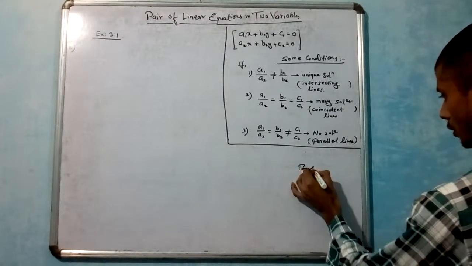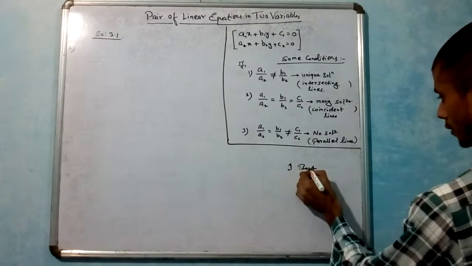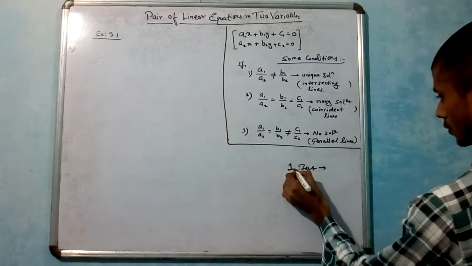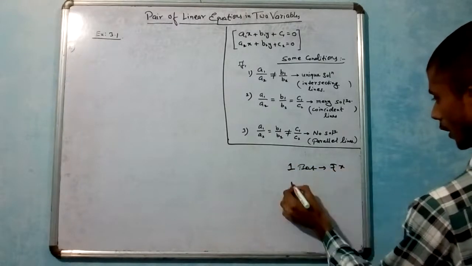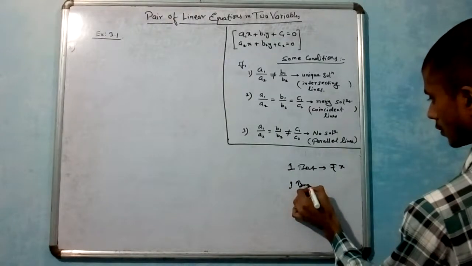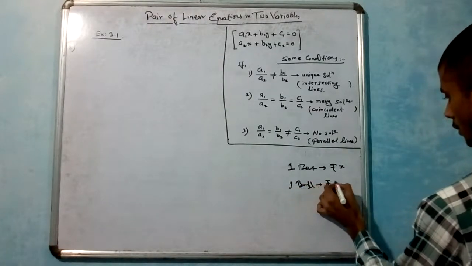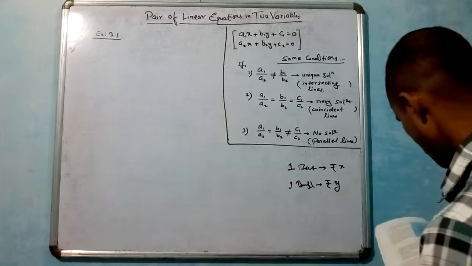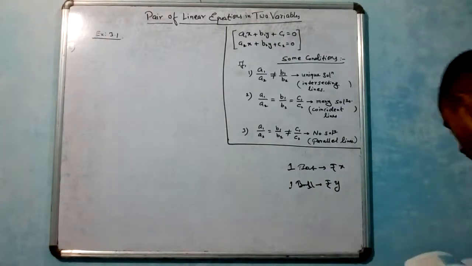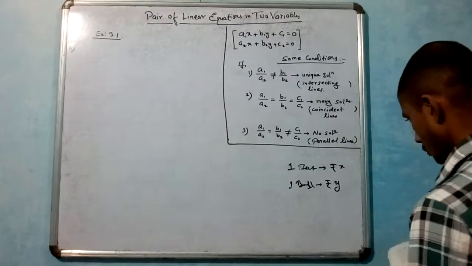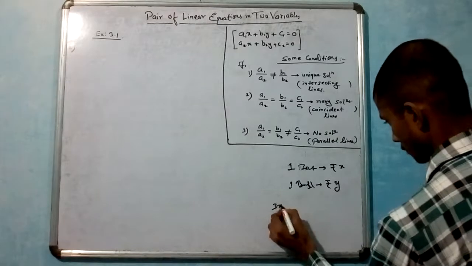Okay, one bat be rupees x. Okay, fine. And one ball be rupees y. Correct. Okay, then 3 bats, so 3 into x.